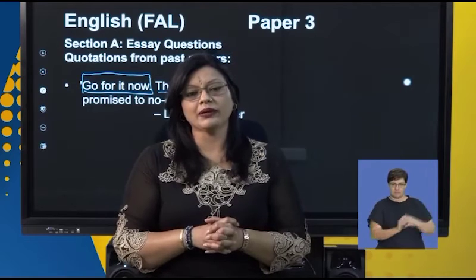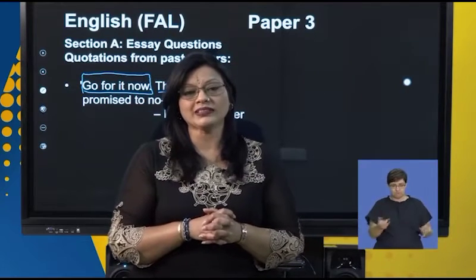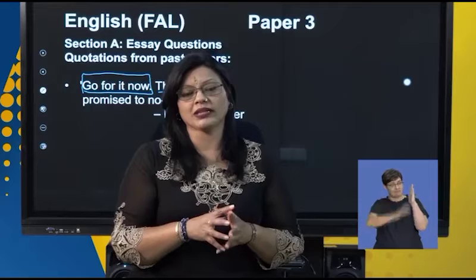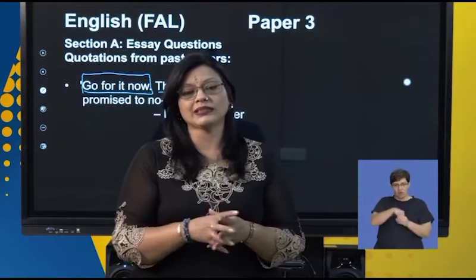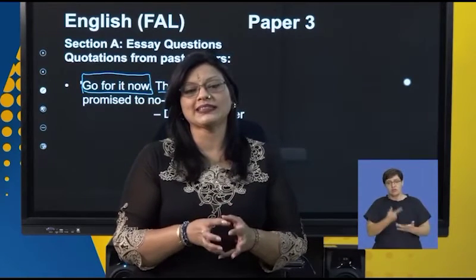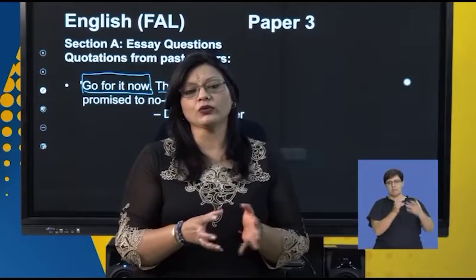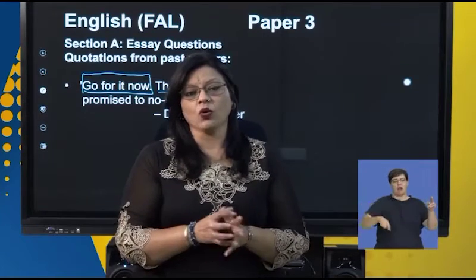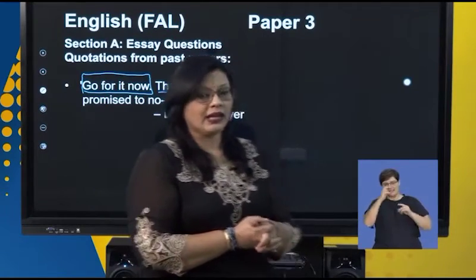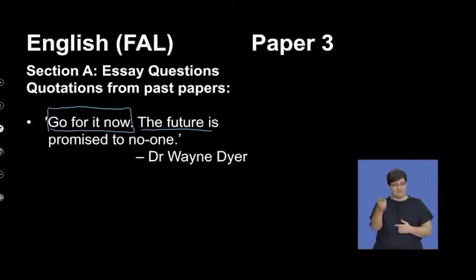Okay? And remember, as I indicated before, you must ensure that when you are writing your creative essay, you include the entire quotation. So you talk to the entire quotation. You don't only look at the first sentence and stop there, or the second sentence and stop there. Like for example, with the quote we currently have, you can't just go to "the future is promised" and write an essay on that.